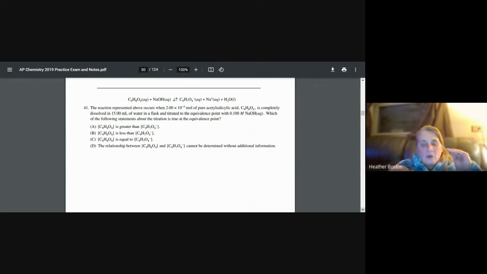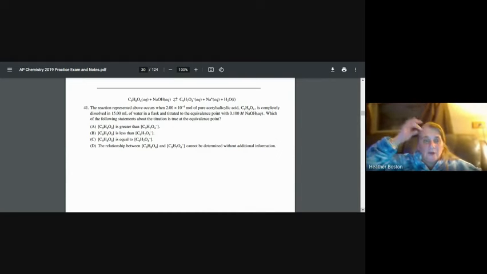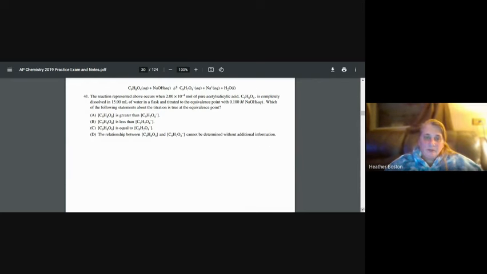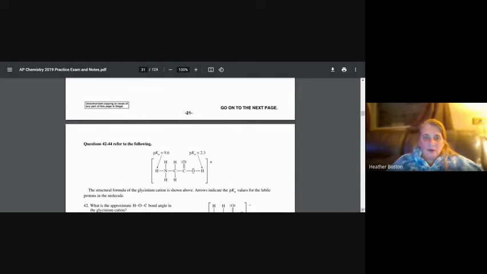It's going to be the least at the equivalence point and beyond. So D is not true. At the equivalence point, they can't be equal. So the correct answer is B. We're going to have less. When we start picking apart titrations a little bit more, that'll be easier also.